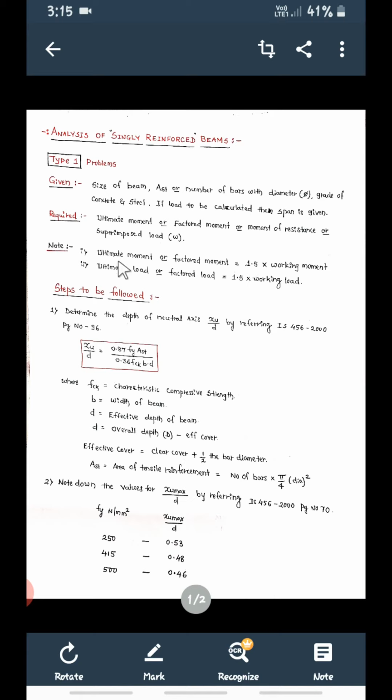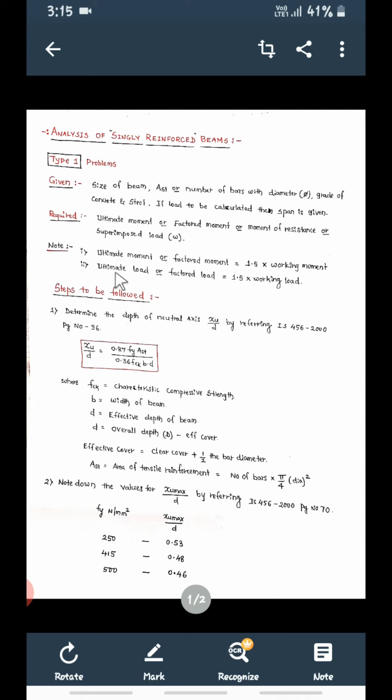Mu is ultimate moment, or factored moment. So if M is known, multiply by 1.5, then it will be Mu. Or sometimes in problems they are going to ask directly Mu. So if you first calculate working moment M, multiply by 1.5, you will get Mu. Mu is called ultimate moment or factored moment.